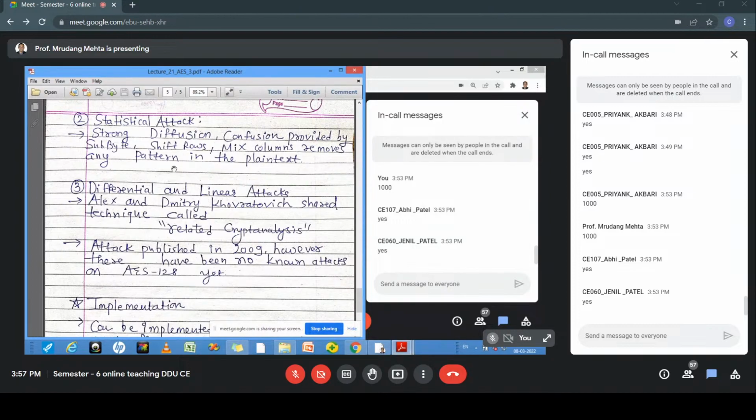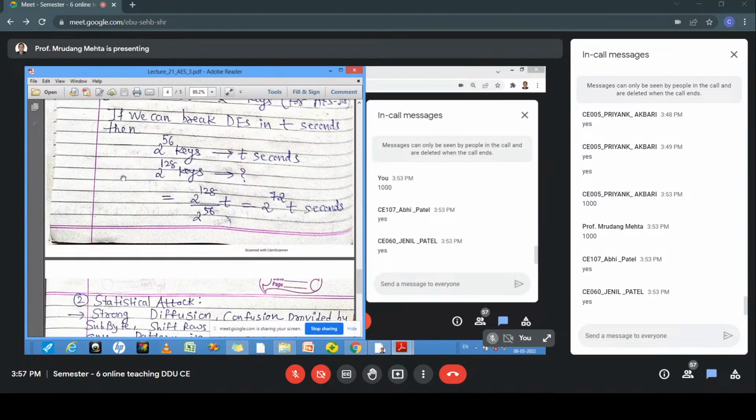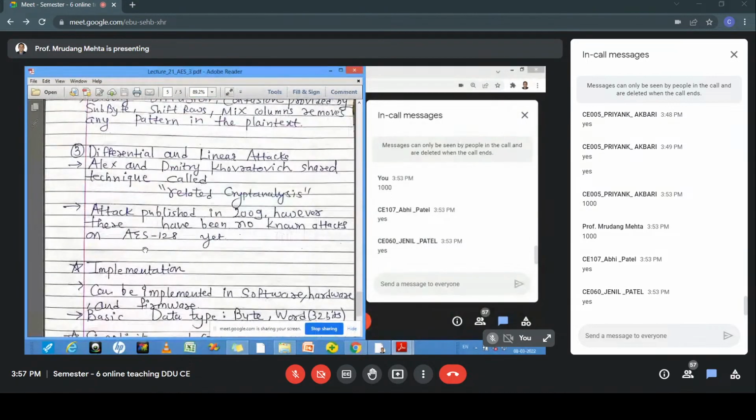So all this creates so much confusion and diffusion properties that statistical attack is not possible. So brute force is not possible, statistical attack is not possible. Differential and linear attacks: there are some people who have theoretically suggested ways to break AES.